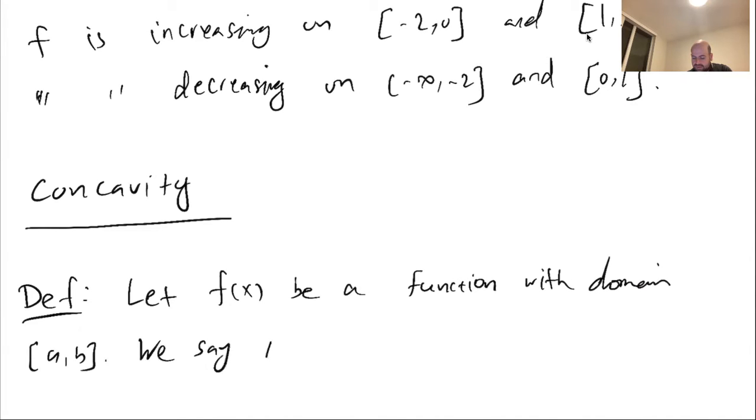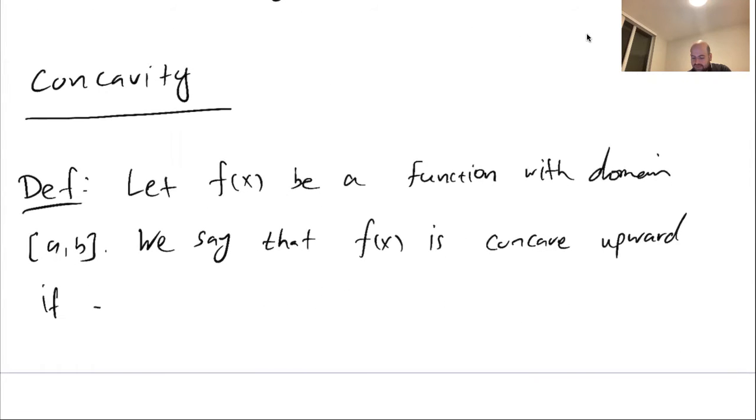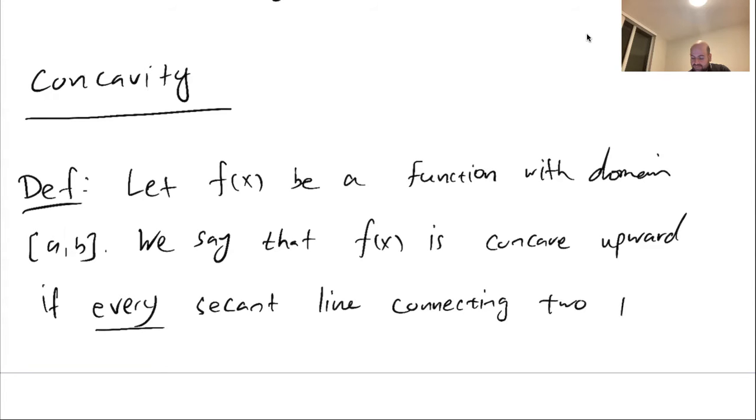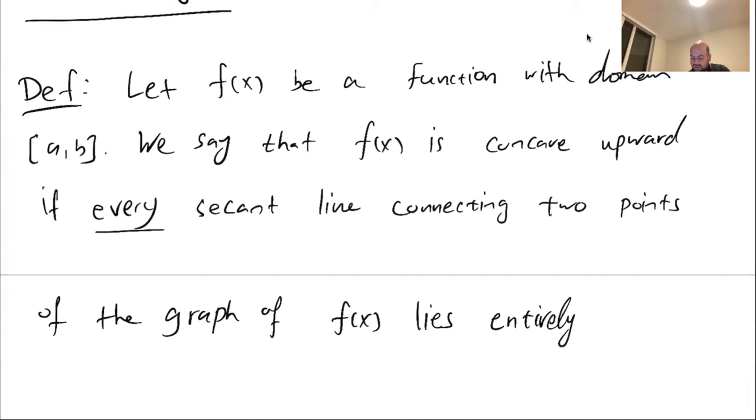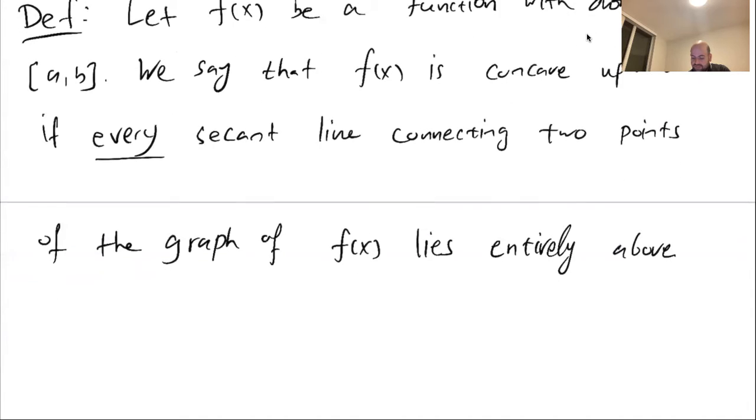We say that f of x is concave upward if every secant line connecting 2 points of the graph of f of x lies entirely above the graph.